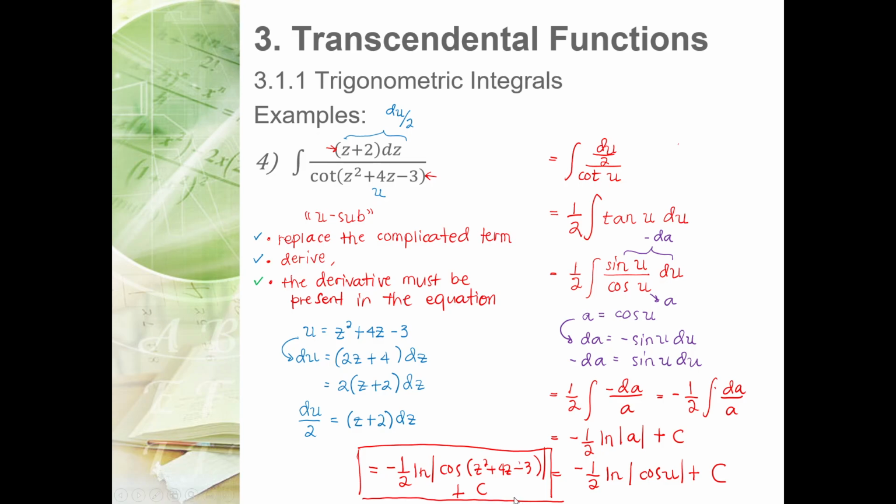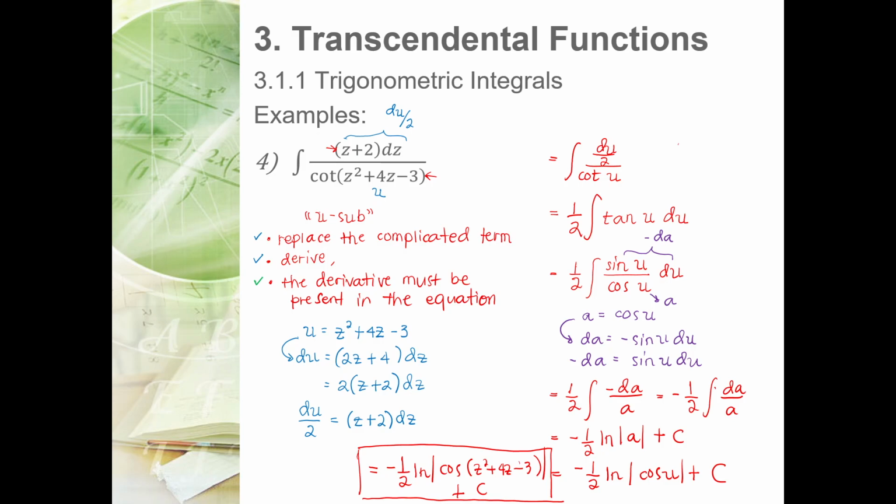Okay, so notice that we underwent two sub-technique processes. The first one is the u sub. Next, we replace it by a since we already have the u sub. So let's call it the a sub in the next sub-technique process.